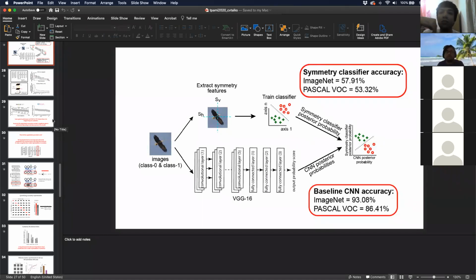Okay. Go ahead, Shambhavi. Yeah, one last question. You were extracting the symmetry features. Say we do not consider a curated set with uniform background, and we perform a segmentation task first to extract the object out from the image.